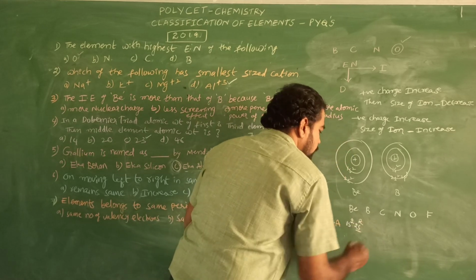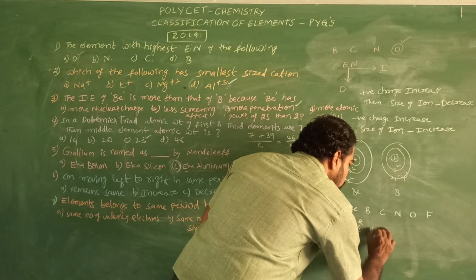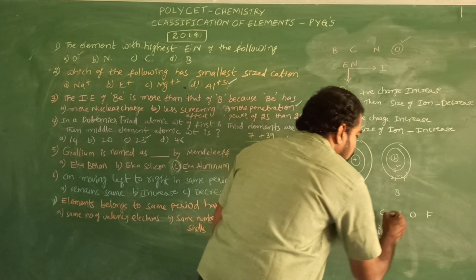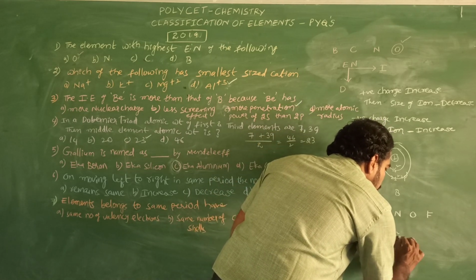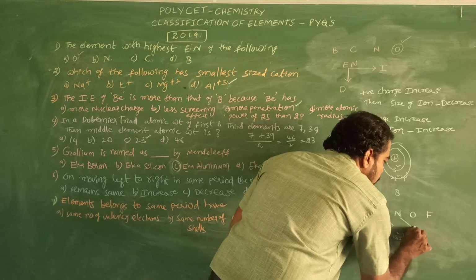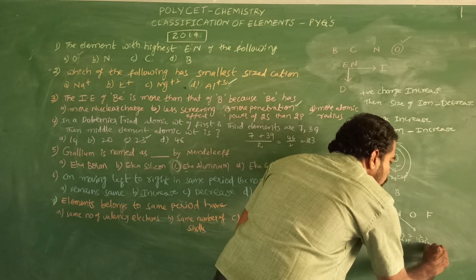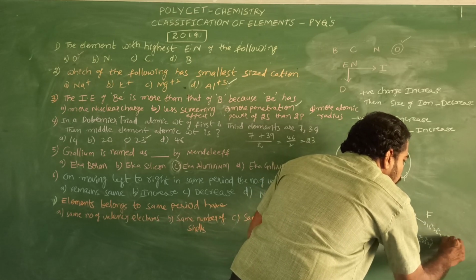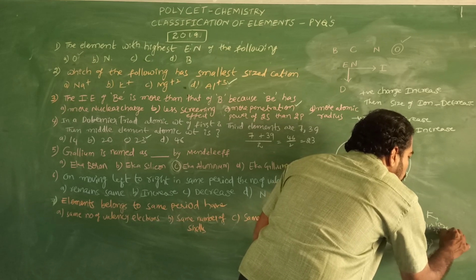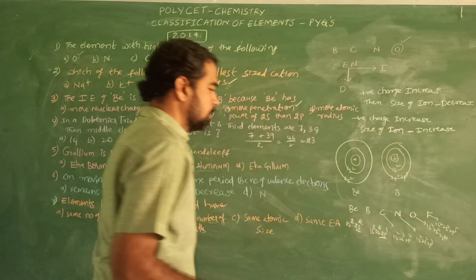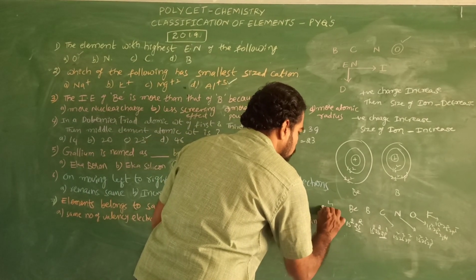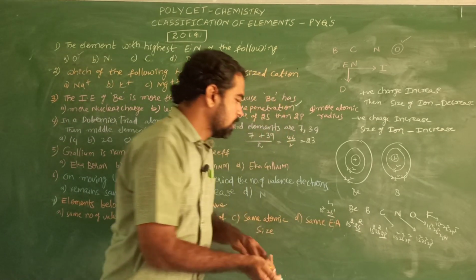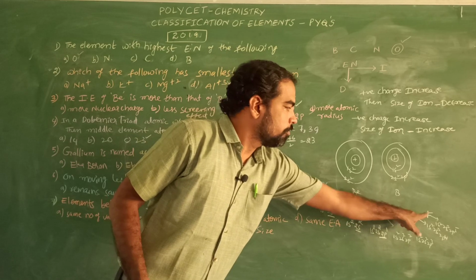Next, boron 1s2 2s2 2p1, carbon 1s2 2s2 2p2. Next, nitrogen 1s2 2s2 2p3. Similarly, oxygen 1s2 2s2 2p4. Fluorine 1s2 2s2 2p5. Lithium is 1s2 2s1.